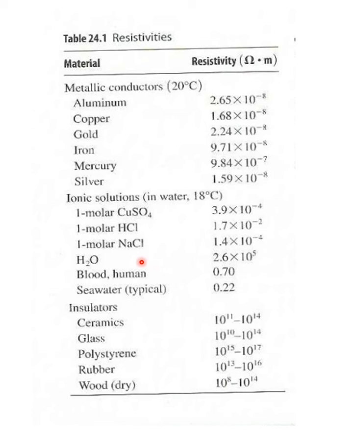And by the way, here's H2O, which has, notice it's 2.6 times 10 to the fifth, as opposed to some of these others, 10 to the negative 2, negative 4, so it is very, very highly resistive. And then you have insulators, ceramics, glass, rubber, somewhere between 10 to the 11th and 10 to the 17th ohm meters.